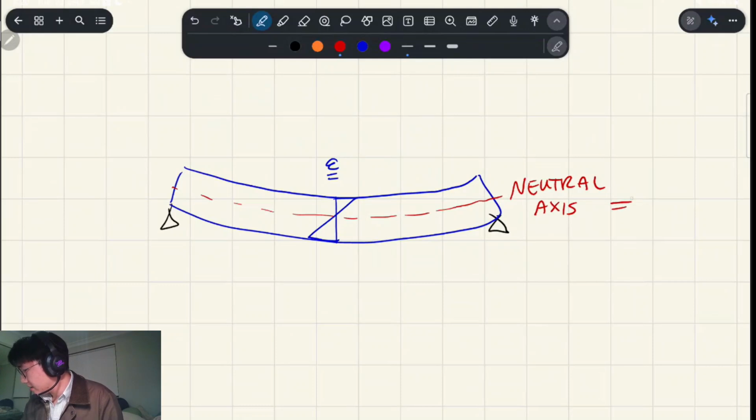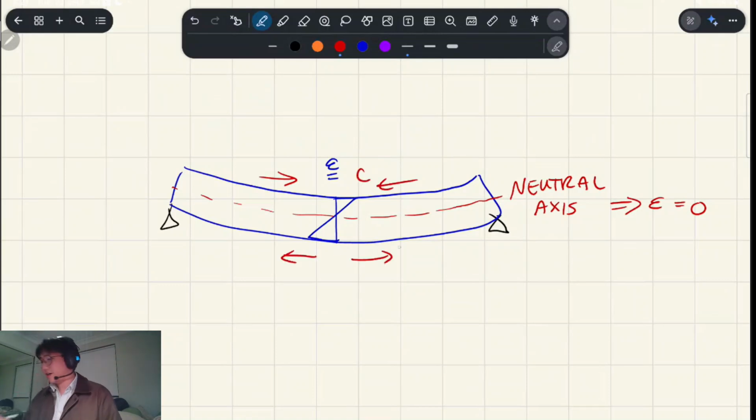The neutral axis is where you have zero strain, and then up the top of this beam, the fibers are getting closer together, getting smushed together. That's how you have to visualize it, and that is in compression. And at the bottom, the fibers are being pulled apart, and so that's tension, right? So that's the strain that corresponds to each one.